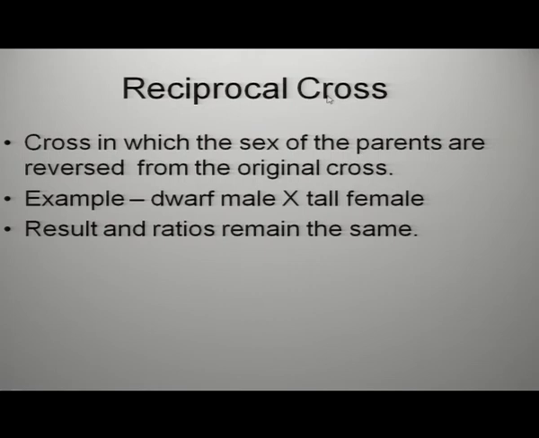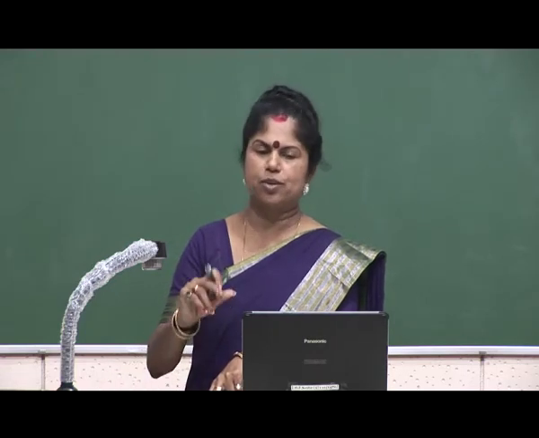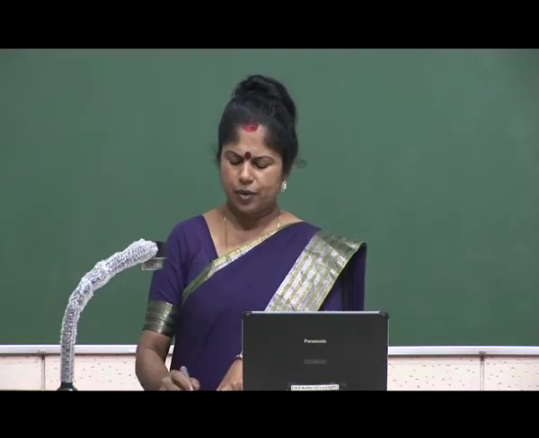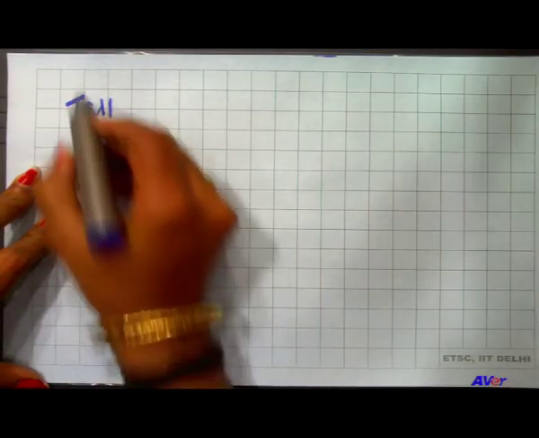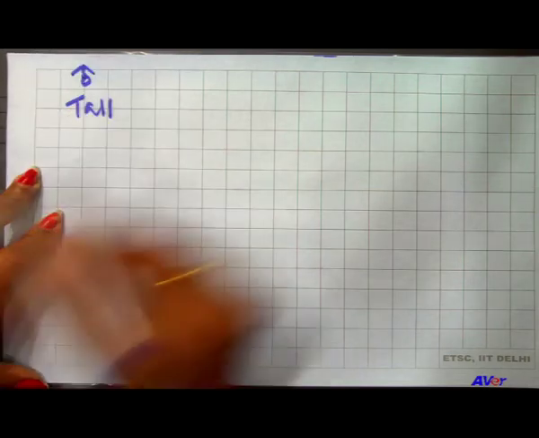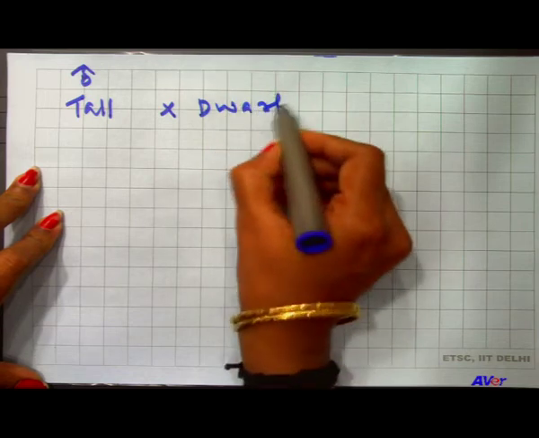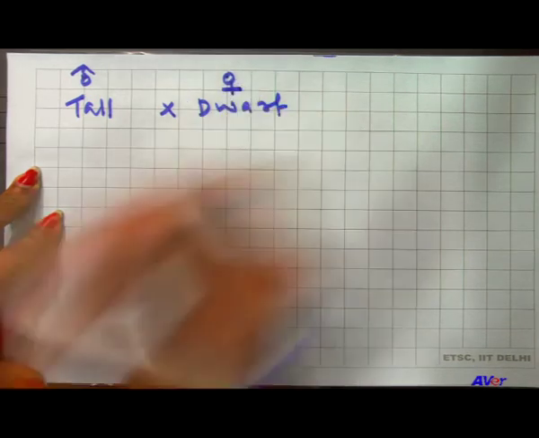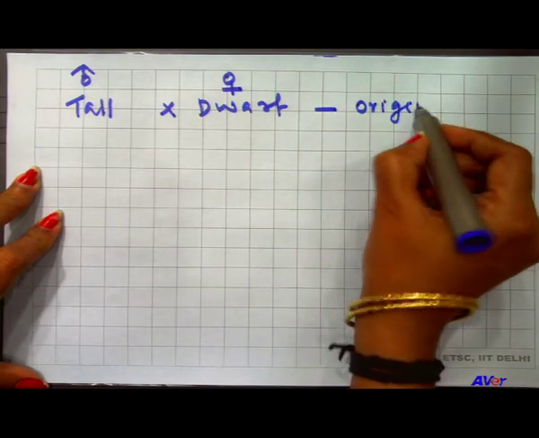The reciprocal cross is a cross in which the sex of the parents is reversed from that of the original cross. Here you can see the original cross: the tall plant, considered as male, is crossed with the dwarf plant, taken as female. So, this is the original cross done by Mendel.